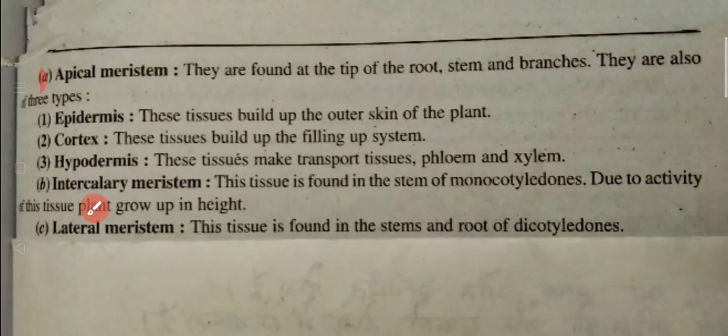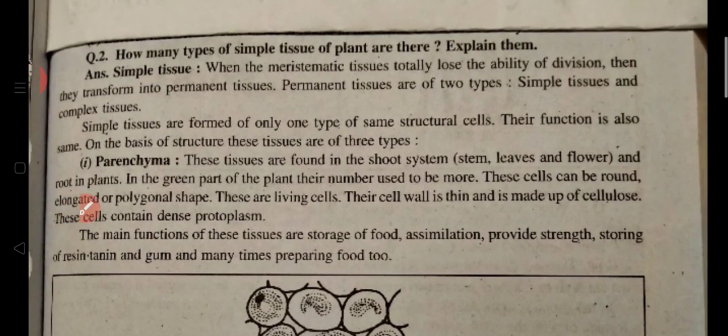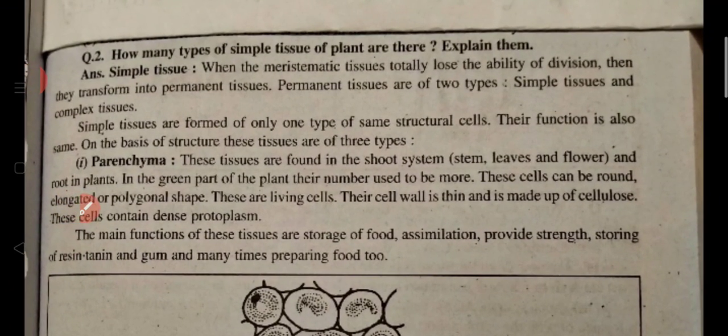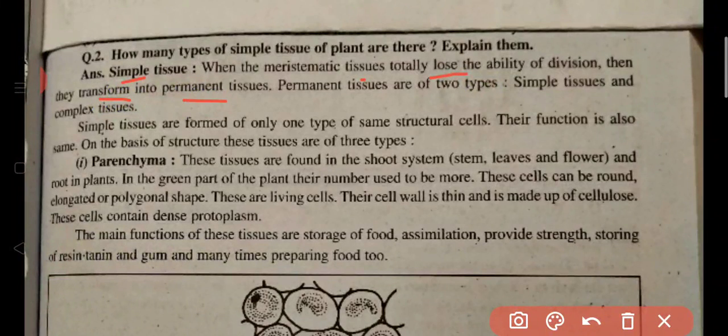When the meristematic tissues totally lose the ability of division, then they transform into permanent tissue.